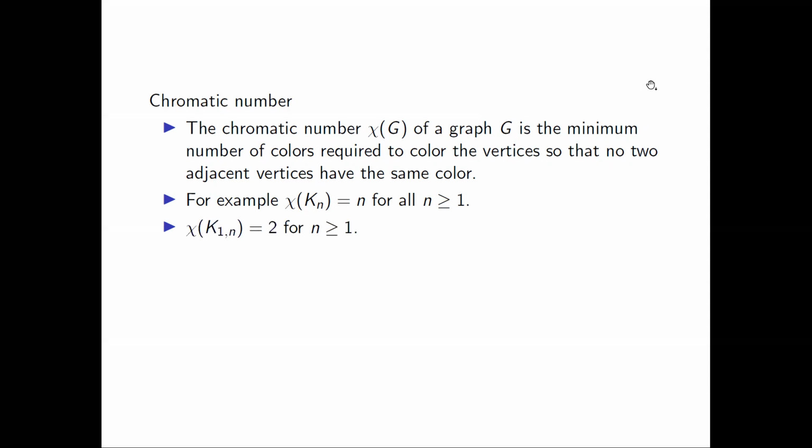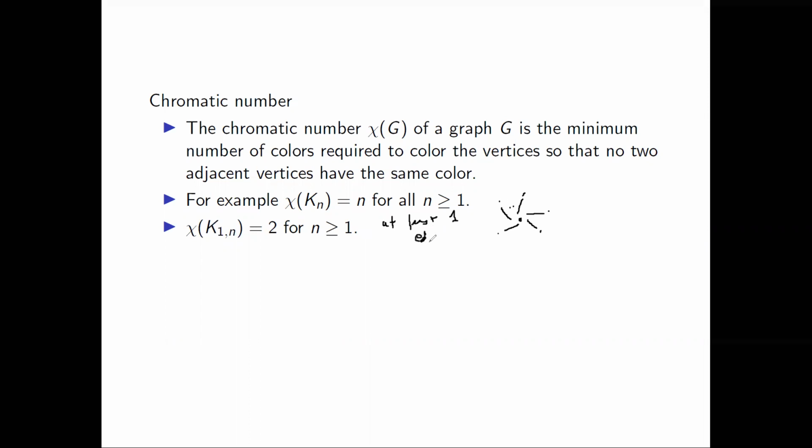For the star K_{1,n}, so this one we can draw. So we have a center vertex, and then we have a bunch of leaves. And I claim for this one, the chromatic number equals 2. So we know since n is greater than or equal to 1, there's at least one edge.